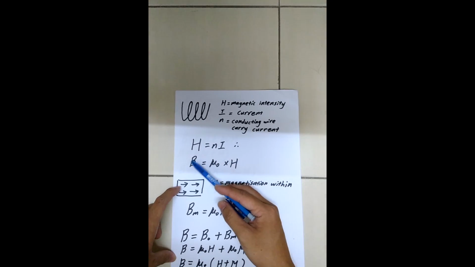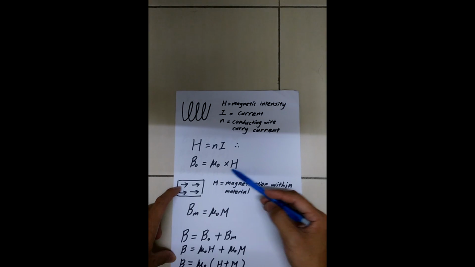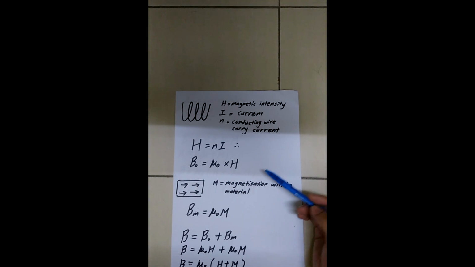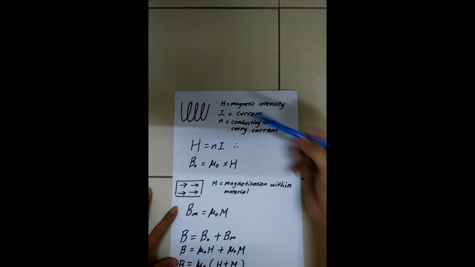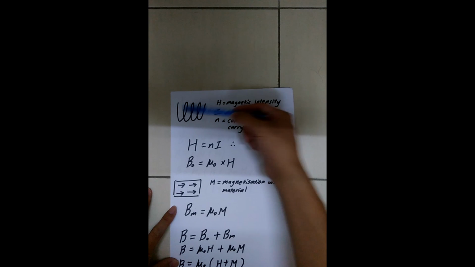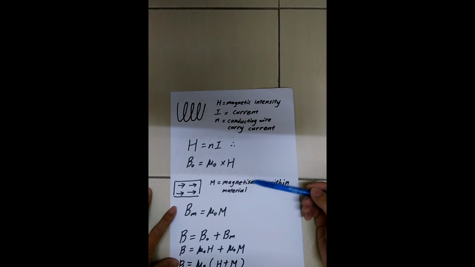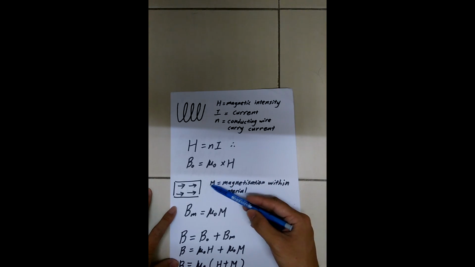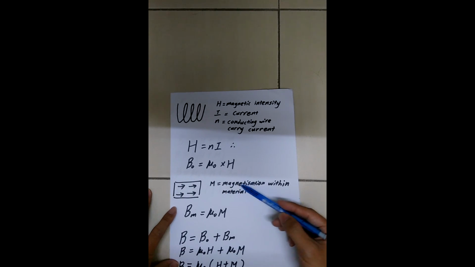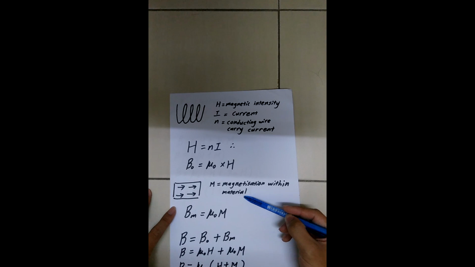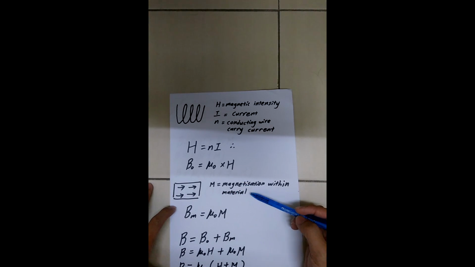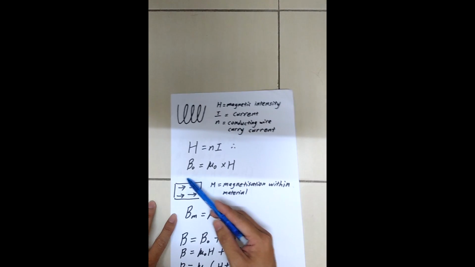Next, we have a material. This material will be placed inside the wire, and therefore this material will be magnetized. We have the symbol M, which represents the magnetization within the material. When the magnetization is exposed outside the material, it will be reduced by a mu naught factor.